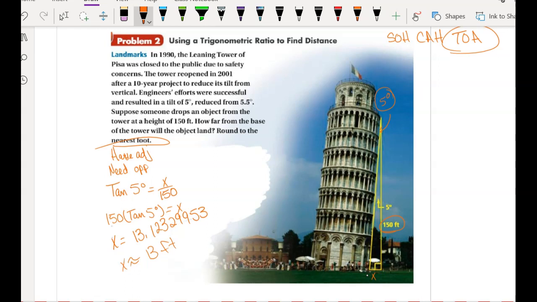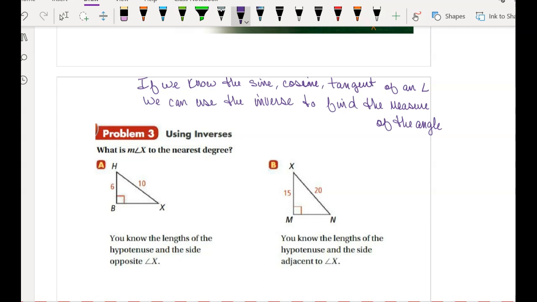So now let's take a look at another one. Okay, this is going to be our last example. This has a key piece of information in it though. If we know the sine, cosine, or tangent of an angle, we can use the inverse to find the measure of the angle.